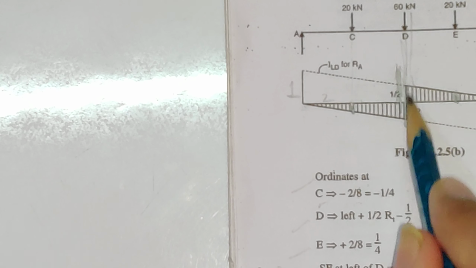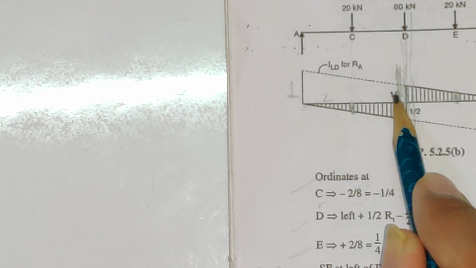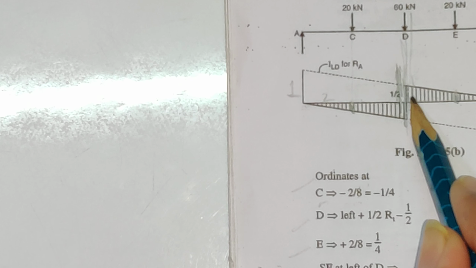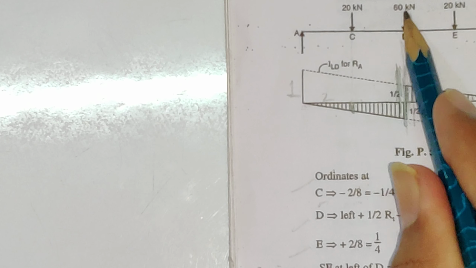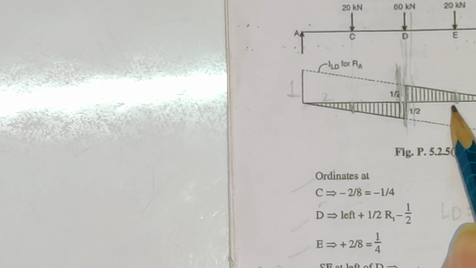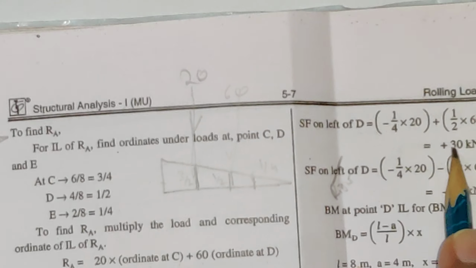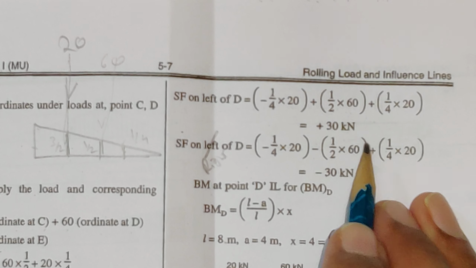At D we have two options, either plus 1 by 2 or minus 1 by 2, but as per our sentence, we will consider the right side of this section. So that is plus 1 by 2 into 60, so 60 into plus 1 by 2, this 20 into plus 1 by 4. So like that you will get shear force at D, that is plus 30 kilonewton, right?